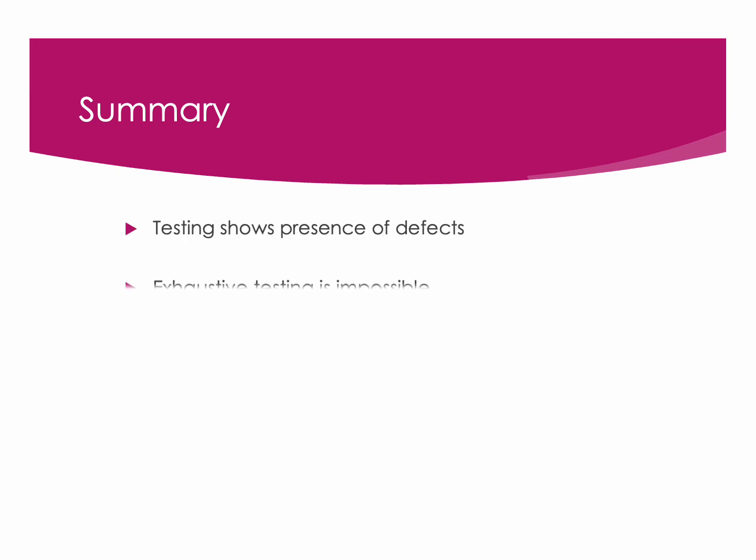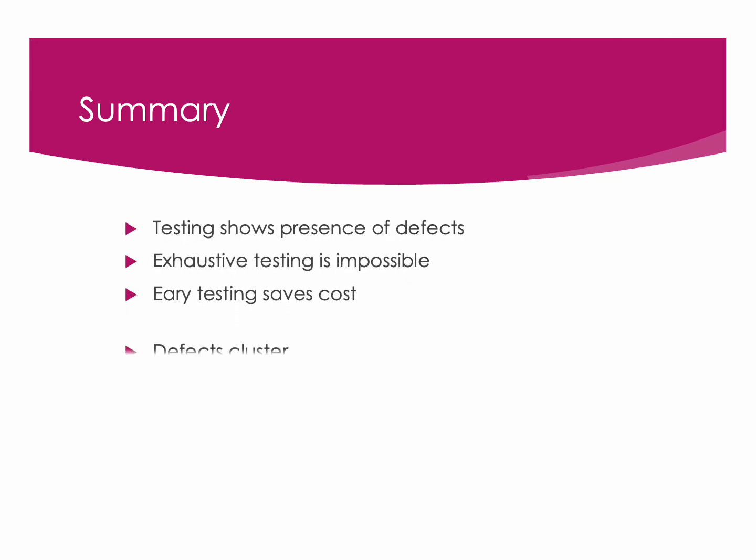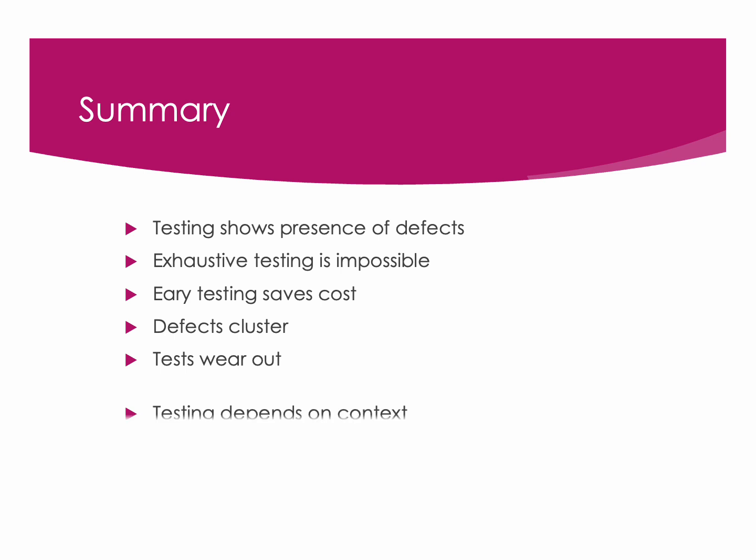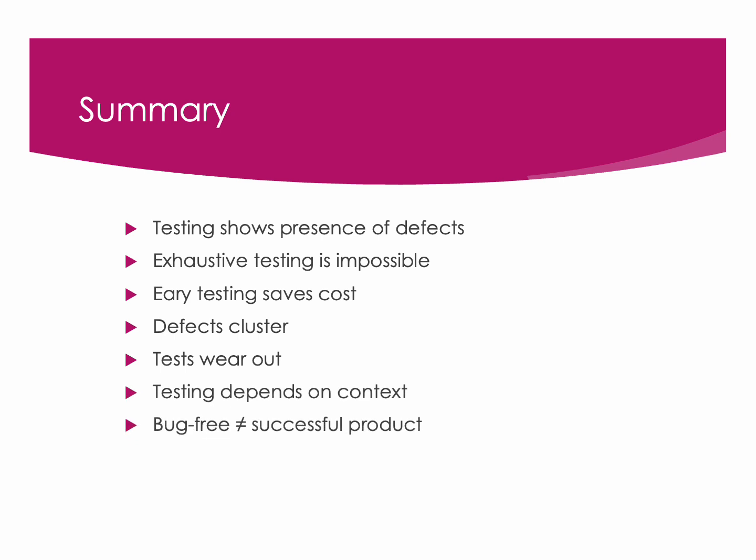So, to wrap things up, the 7 testing principles remind us that testing is really about managing risk, not chasing perfection. They teach us that we can't test everything, that finding defects early saves effort, and that some part of a system will always need more attention than others.